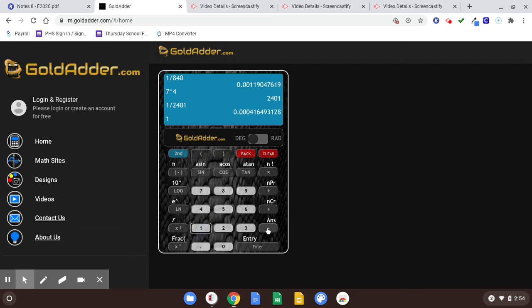So let's see if this thing can handle it. 1 minus. I know some calculators won't handle numbers this big, because it is a pretty big number.